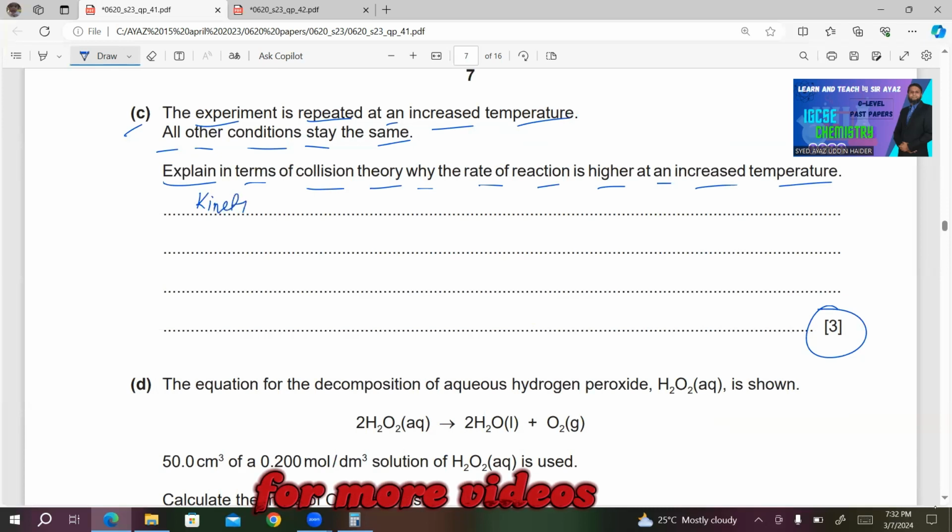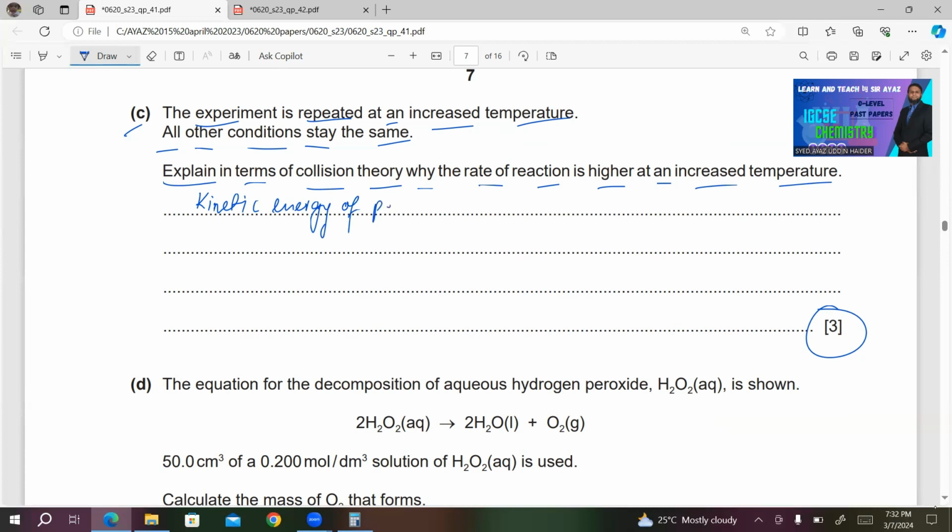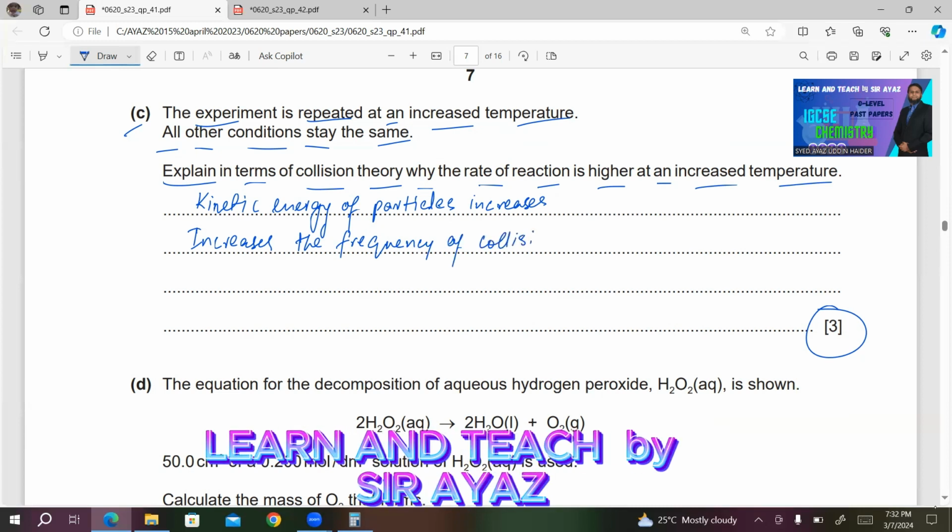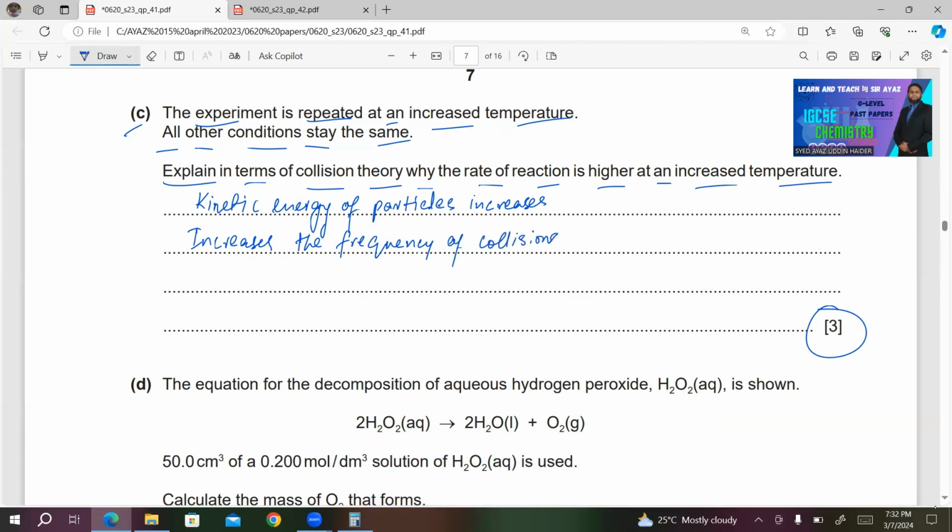Kinetic energy of particles increases, and you can say increases the frequency of collisions between particles.